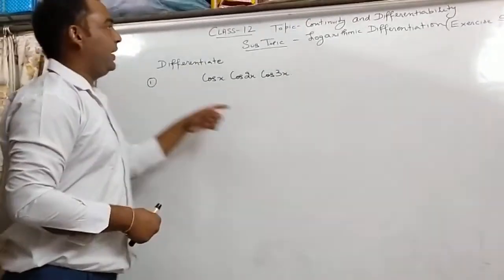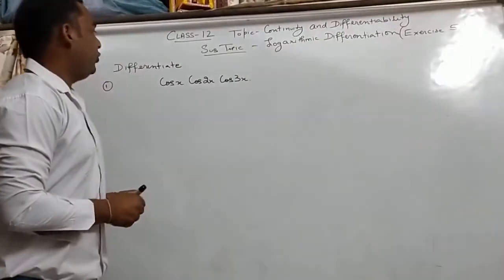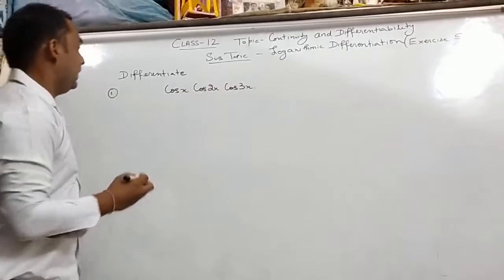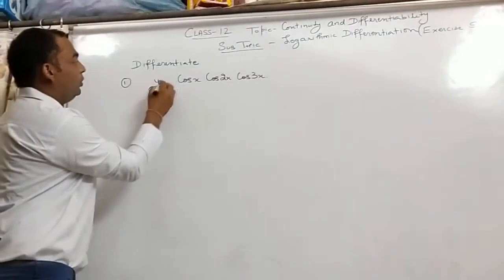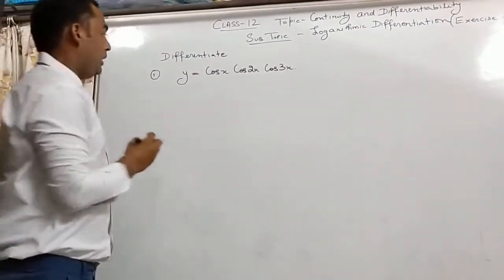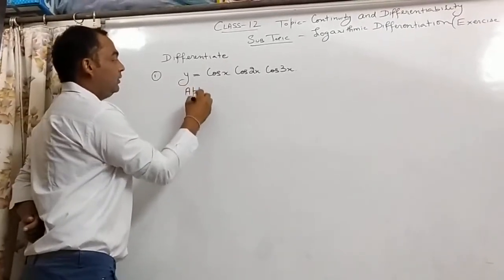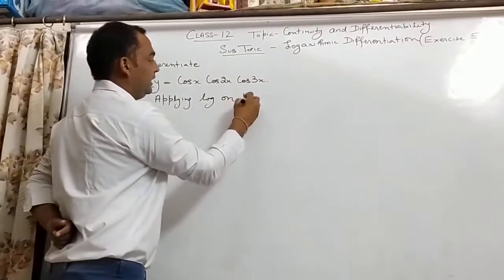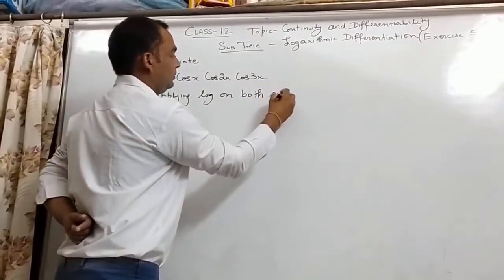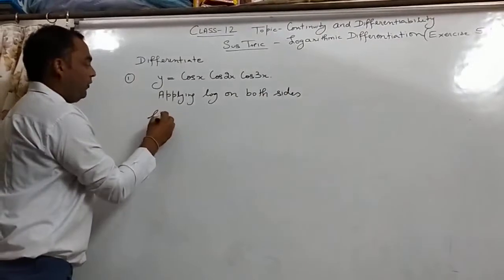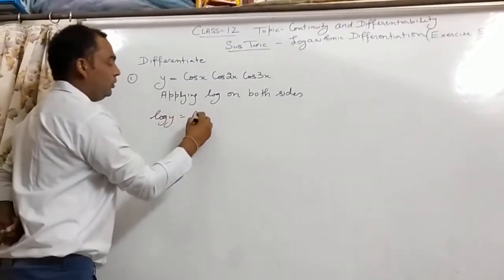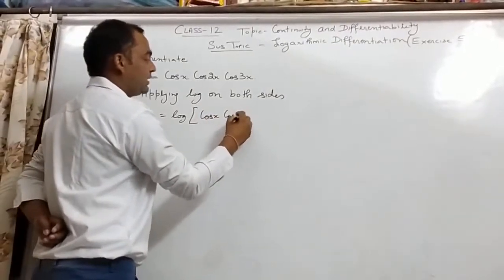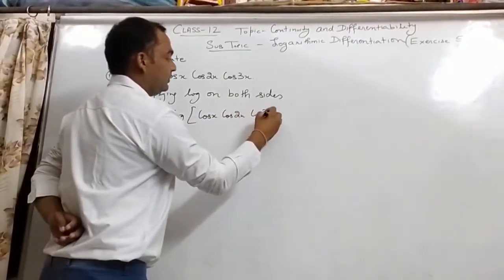Our first question of exercise 5.5 is, we have to differentiate cos x into cos 2x into cos 3x. Let us suppose that this is equal to y. Now applying log on both sides, log of y is equal to log of cos x, cos 2x, cos 3x.